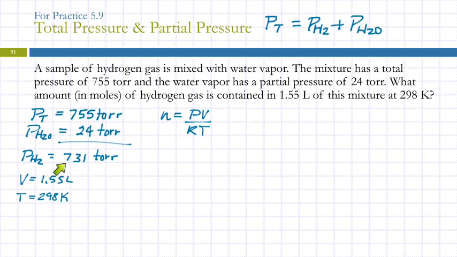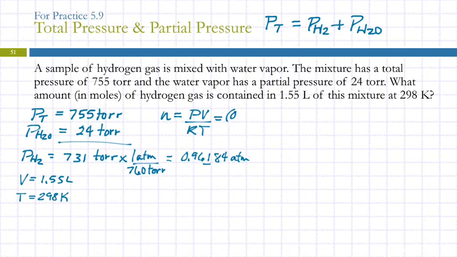Can we use this pressure as it is? Now we have to convert from torr to atm. So it's 731 divided by 760. 0.9896... here's my 3 sig figs, 0.984 atmospheres. Wait, let me put that into my equation.